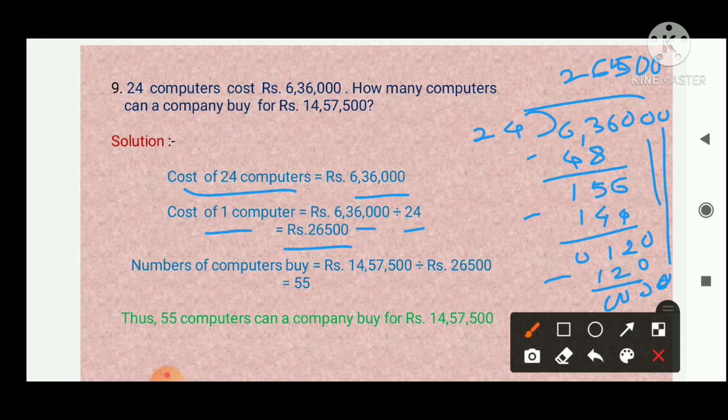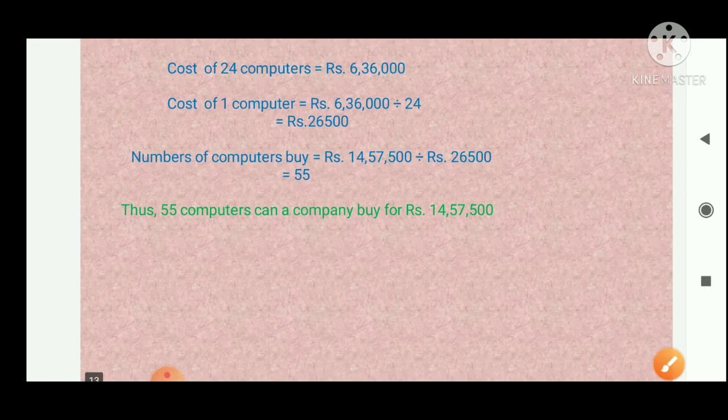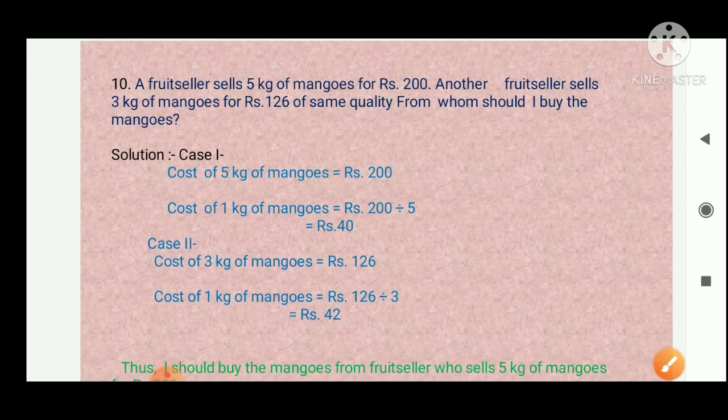But here we have to find out how many computers a company can buy for rupees 14,57,500. So we divide 14,57,500 by 26,500. So we get here answer 55. Thus 55 computers a company can buy for 14,57,500.